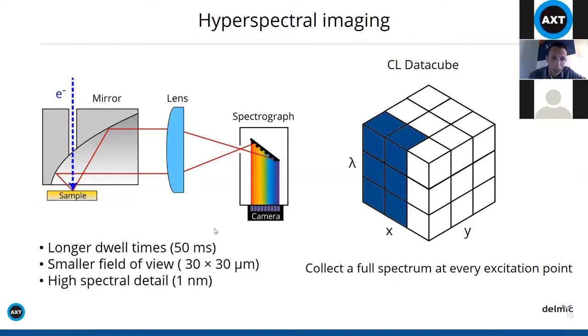Compared to the intensity mapping, there are some drawbacks in the sense that it is a little bit slower. The cameras that you use you cannot read out so fast, and so the dwell times are typically 15 milliseconds or so, and sometimes a little bit faster. But this is roughly the order of magnitude.